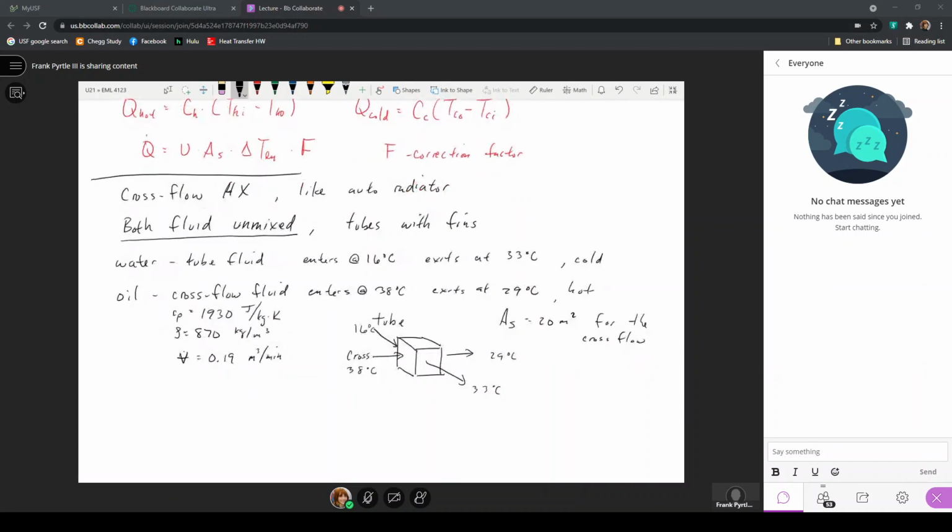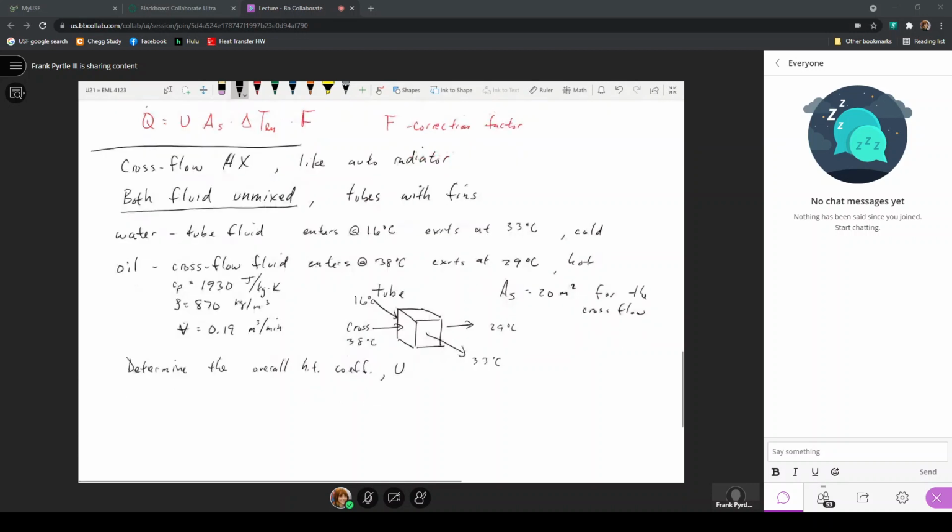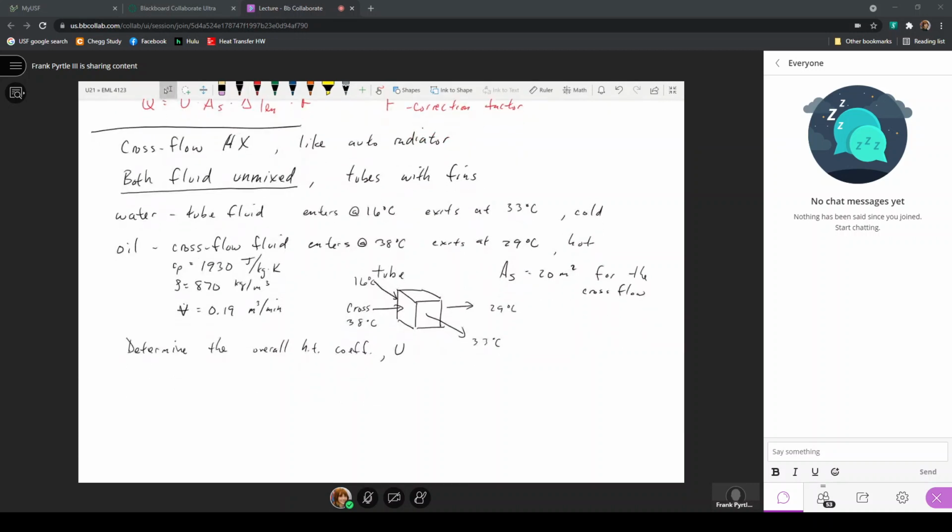And here we want to determine the overall heat transfer coefficient. That is U. Now, when we're considering what is given in the problem, some things that we know.